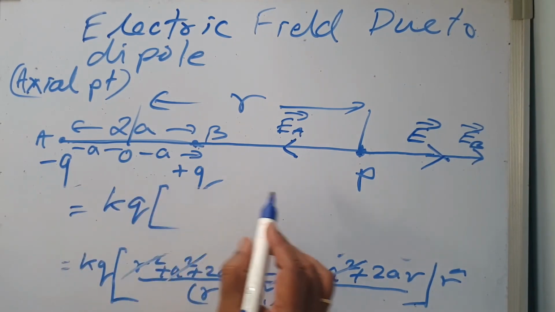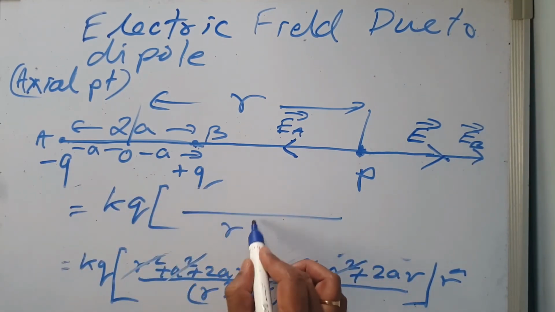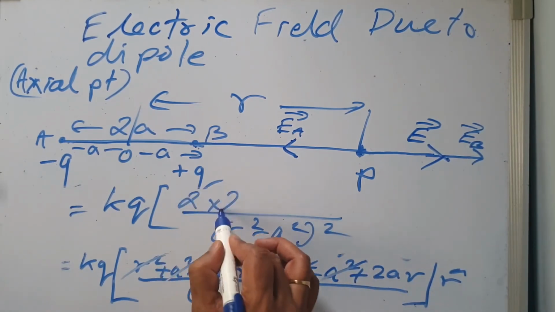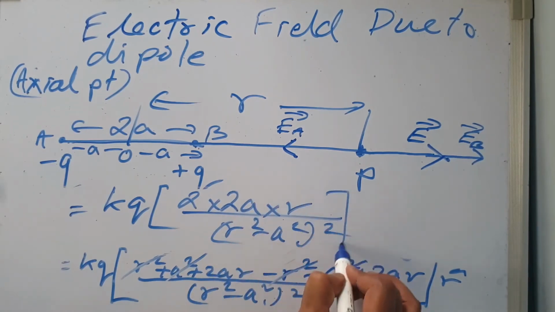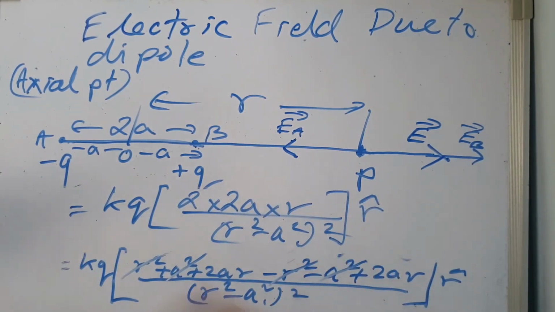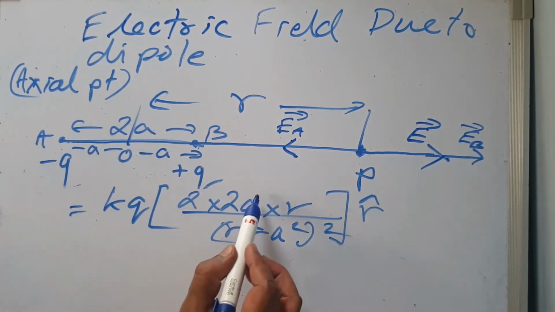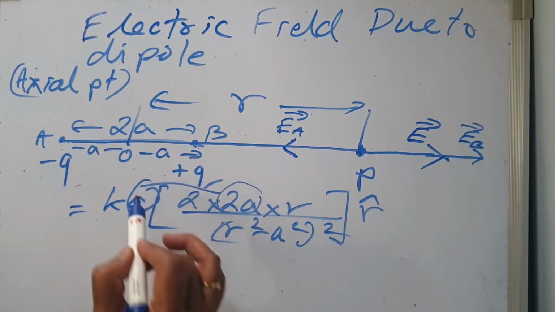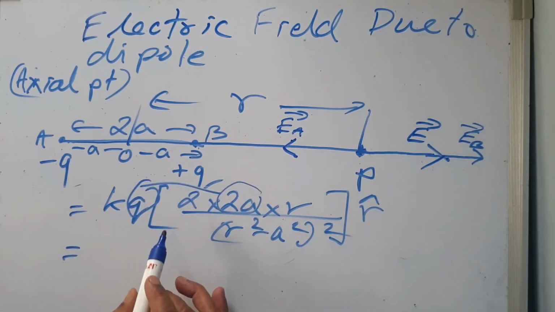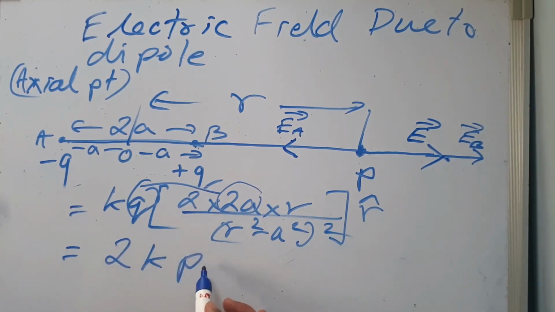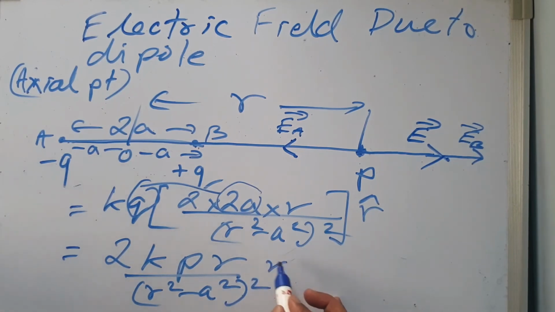KQ, denominator r squared minus a squared the whole squared, 2 into 2a into r, unit vector r cap. Why 2 into 2a? This 2a multiplied by Q, what is that? It is P, the dipole moment. Therefore, what do I get? 2K P r upon r squared minus a squared the whole squared, unit vector r cap.